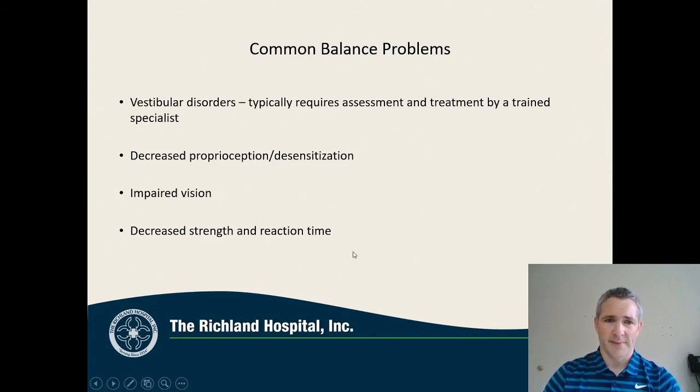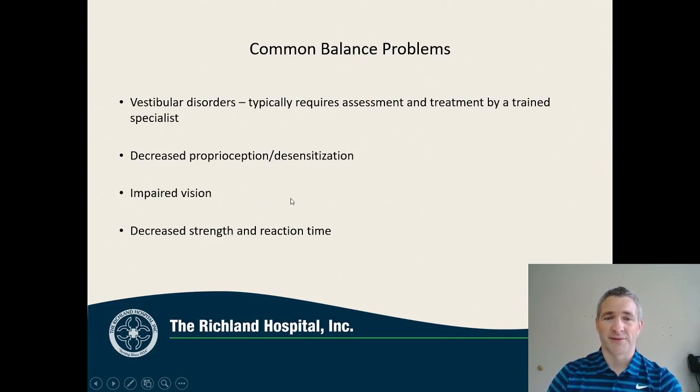Outside of that, decreased proprioception and desensitization, not being able to detect where our foot is in place. If you have peripheral neuropathy or decreased sensation in the leg or the foot, this can be a big problem with balance. Also, impaired vision. If we can't see as well, we need to rely on our proprioception and our vestibular system a little bit more.